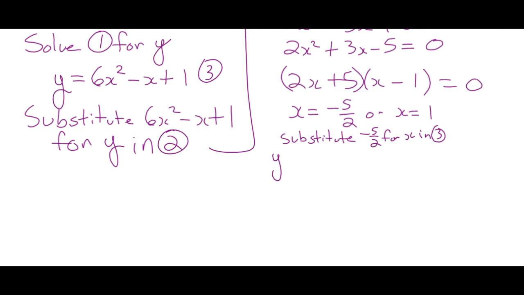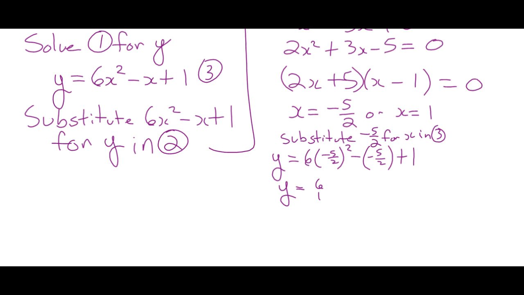Y equals 6 times negative 5 halves squared, minus negative 5 halves, plus 1. Don't worry, we get to do this by elimination. Really? 25 quarters and 6.